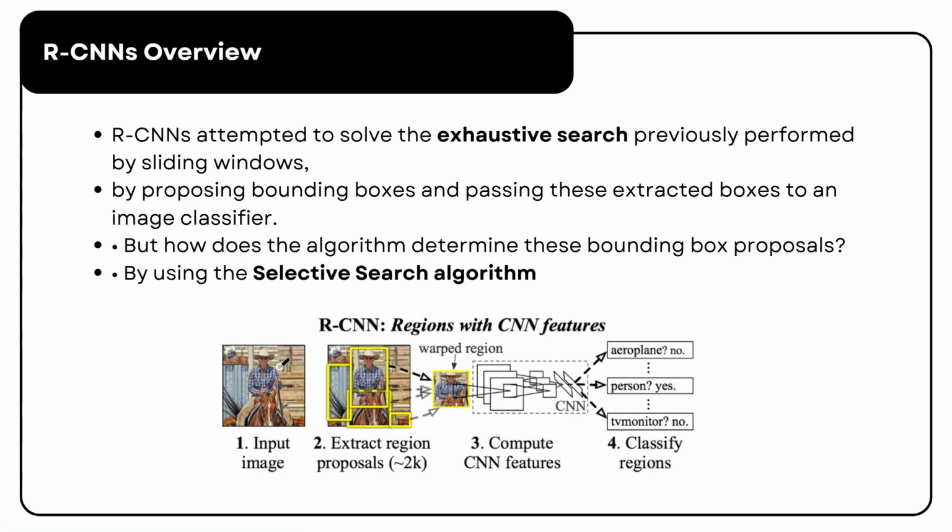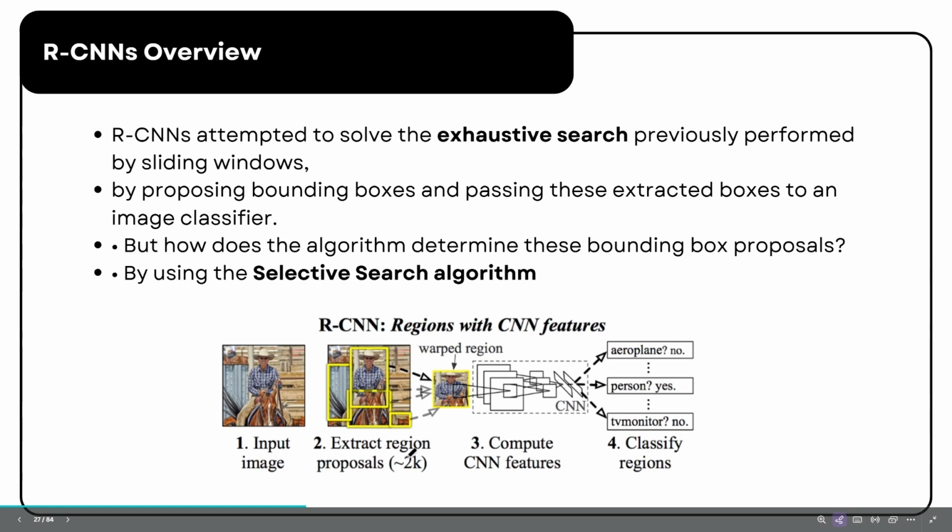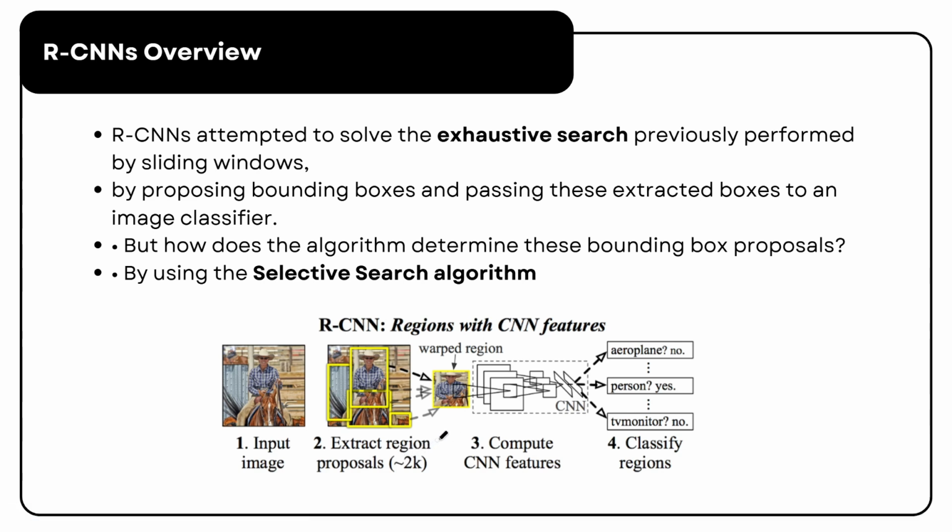So we have the input image. The model starts with a regular image. Then we extract region proposals using selective search, which generates around 2000 potential regions. The next step is to compute CNN features.